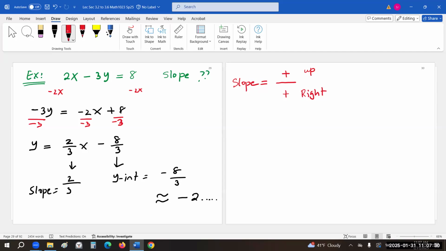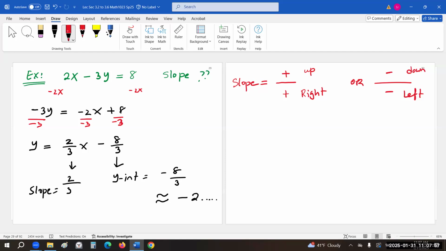And then we have another rule. If your slope has a minus number on the top, we have to walk downward from the y-intercept. And if we have a minus sign on the bottom of the slope, then you have to walk left from what we walked first.